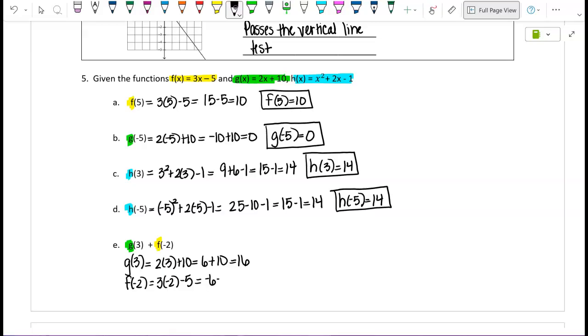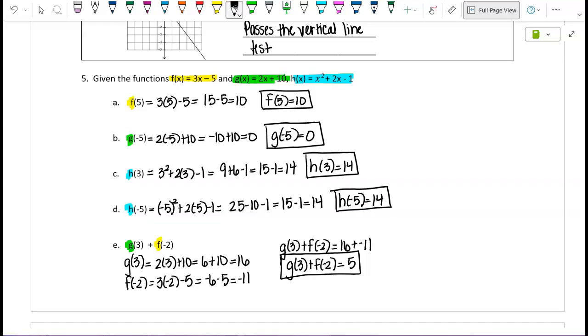So negative 6 minus 5 is negative 11. So G of 3 plus F of negative 2 is 16 plus negative 11, which is 5. I have to know what the value of each function is to be able to add them together.